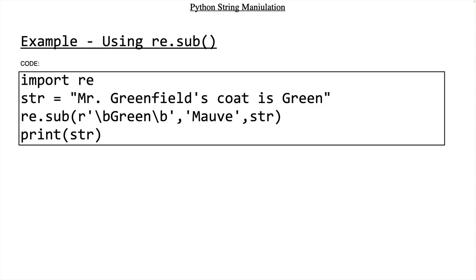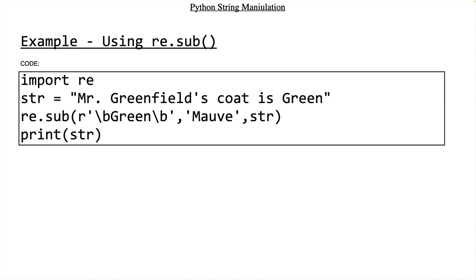So here we have some code. We're going to import the re module, and I have a string that says Mr. Greenfield's coat is green. And then I'm going to do a substitute using a regular expression that has word boundaries in it, the \b. That r basically says this is a raw string.